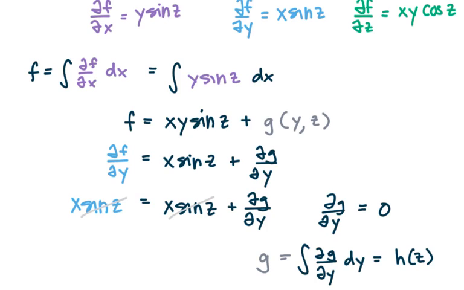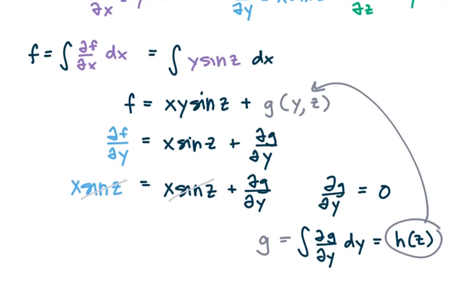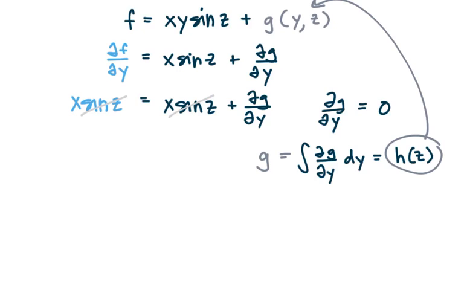So g is equal to h of z. So now I can come up here and plug h of z in. This leaves me with f equals xy sine z plus h of z.